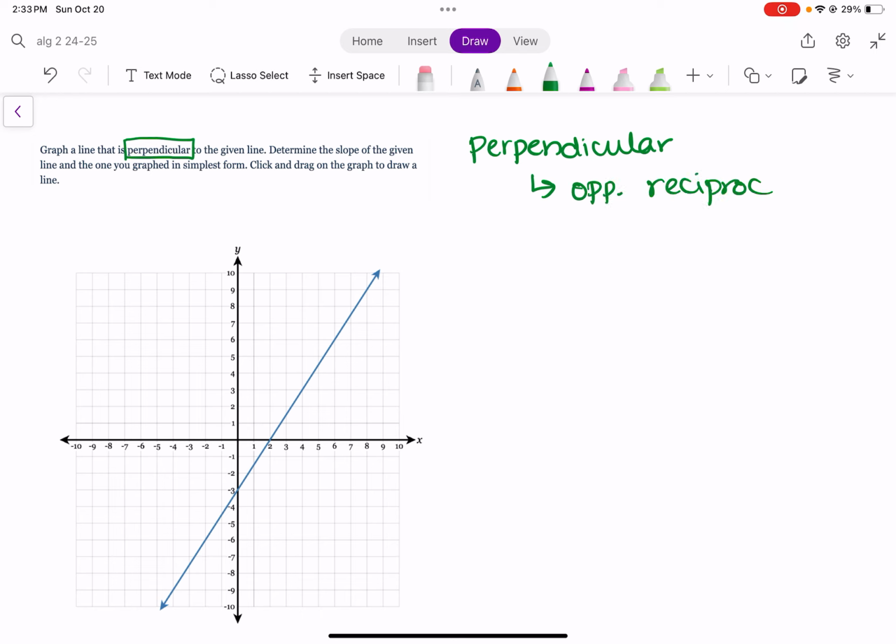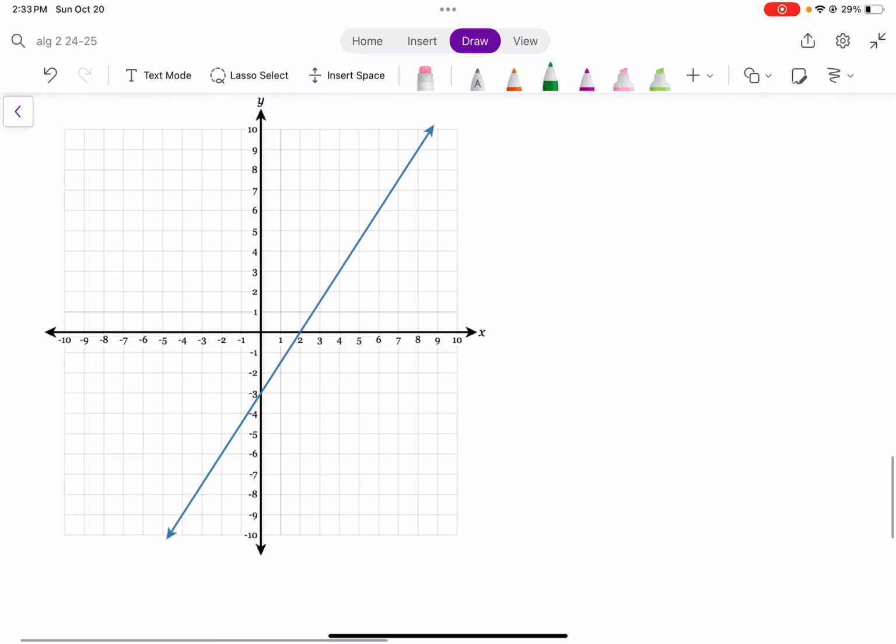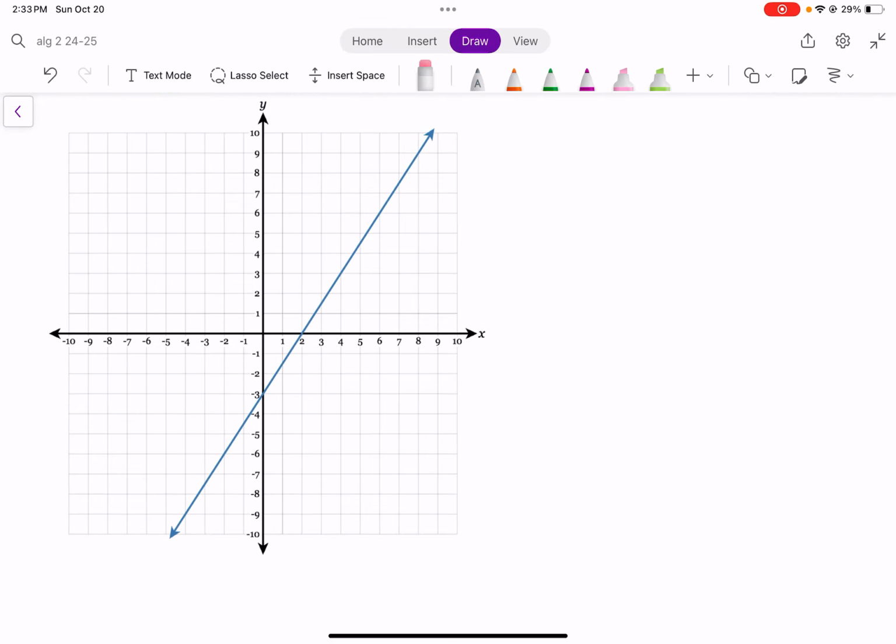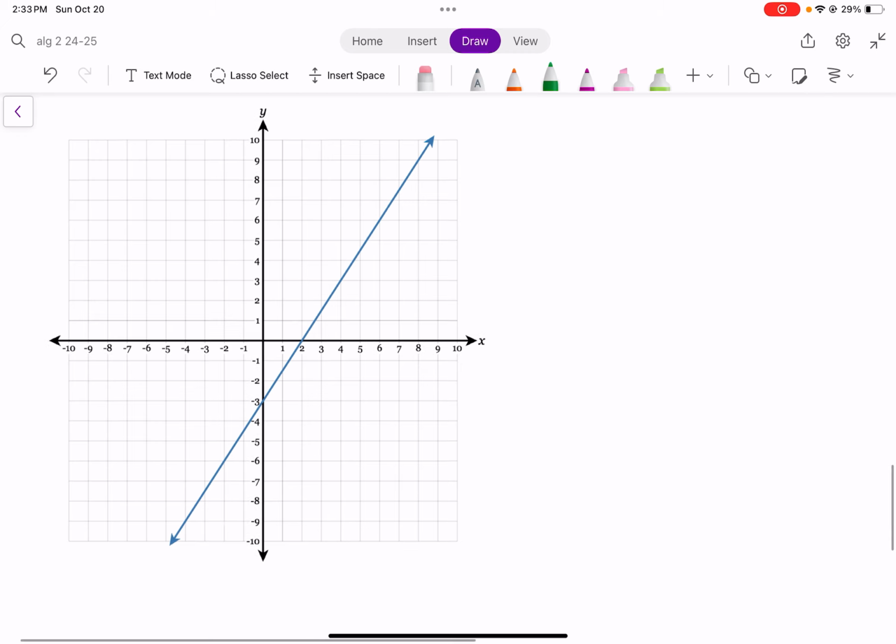So we need to first find the slope of the original line that's given to us. So I'm going to identify 2 points that are easy to read. So here's one point, and then here's another point. And remember, slope, especially if we're looking at a graph, is change in y over change in x. So change in y, that means am I going up or down?